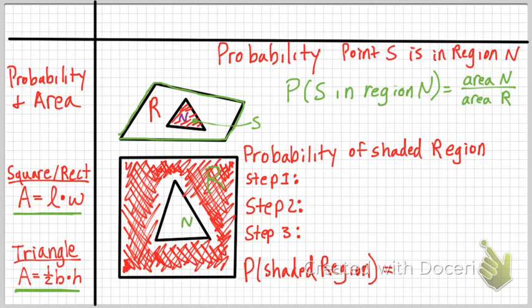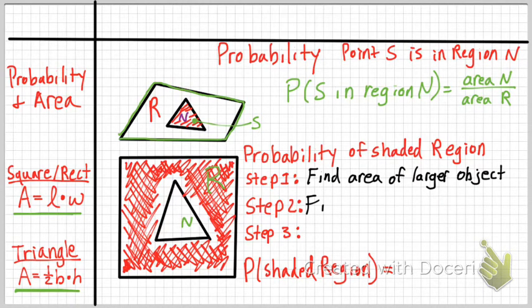All right, so if I want to find the probability that it falls within this larger shaded area, then my first step is that I'm going to be finding the area of the larger object. Then we're going to find the area of the smaller object.